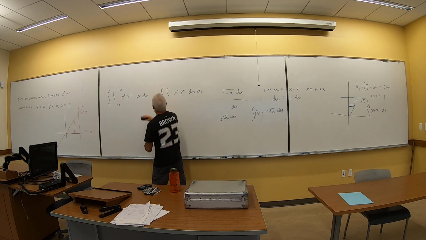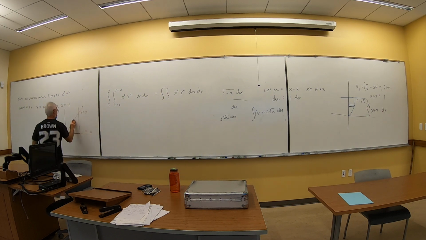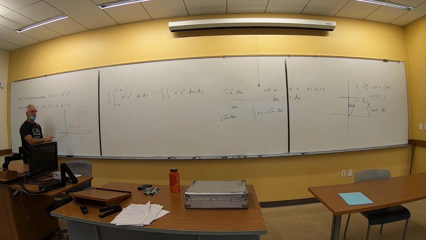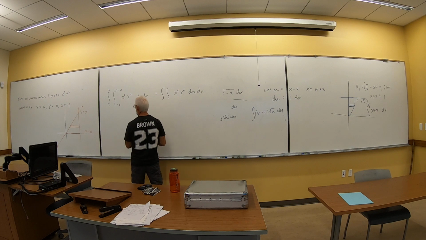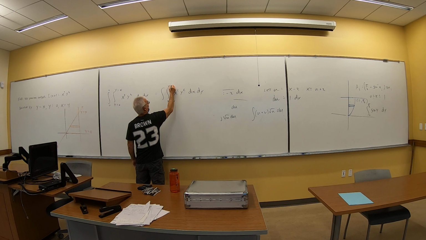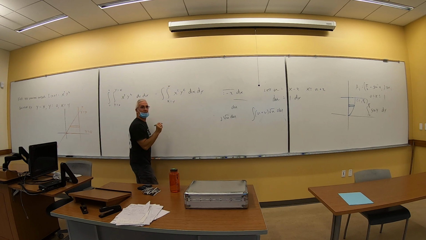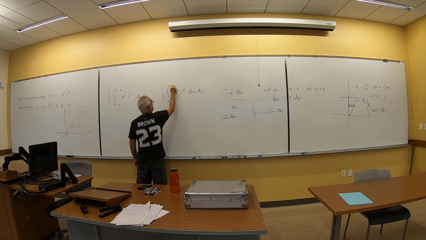Nope. But we have to see that to believe it. So let's now consider this. Now, x is going from this line to this line. What are my x limits? X is going from x equals y to x equals what? 4.